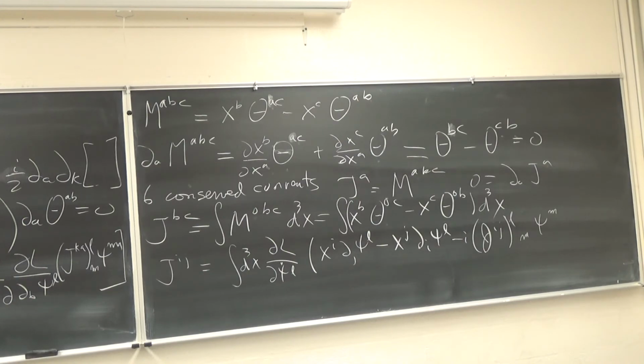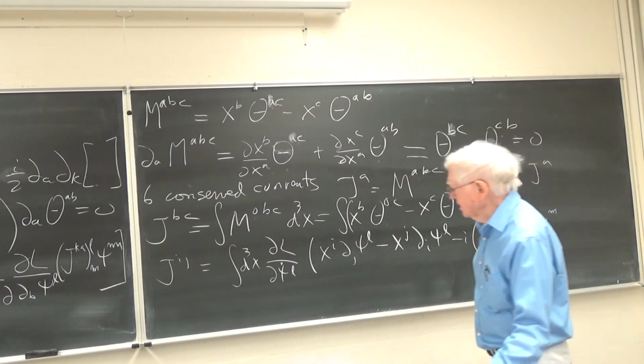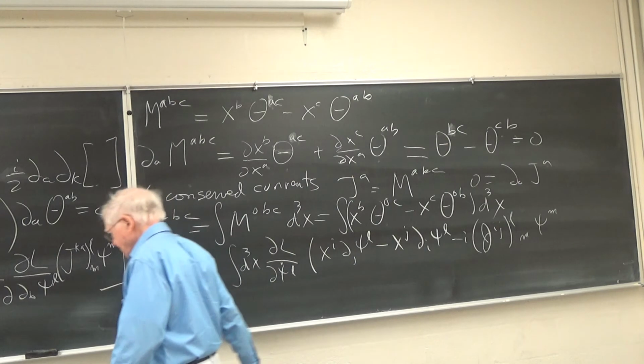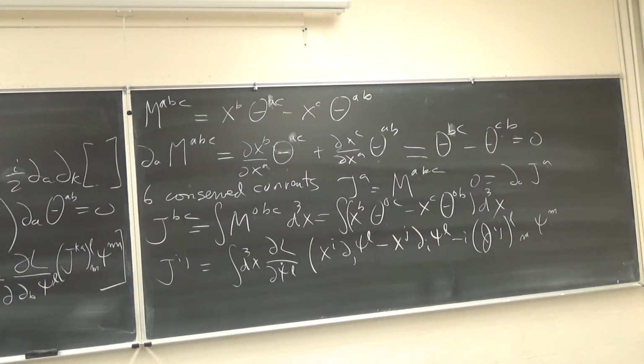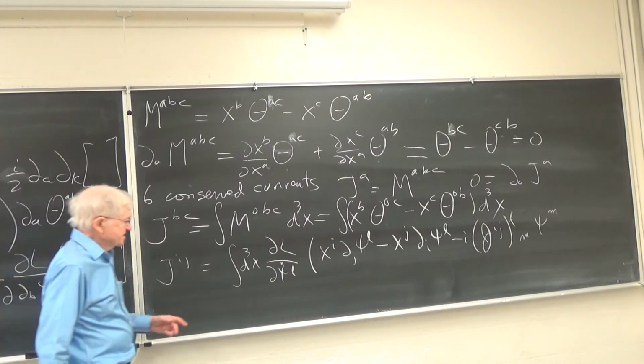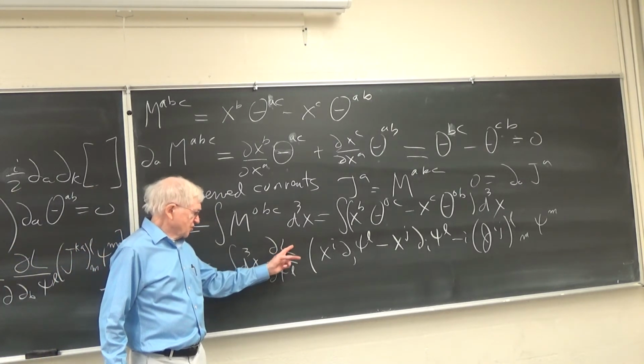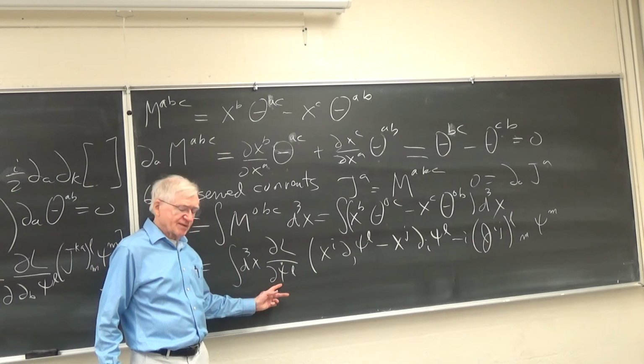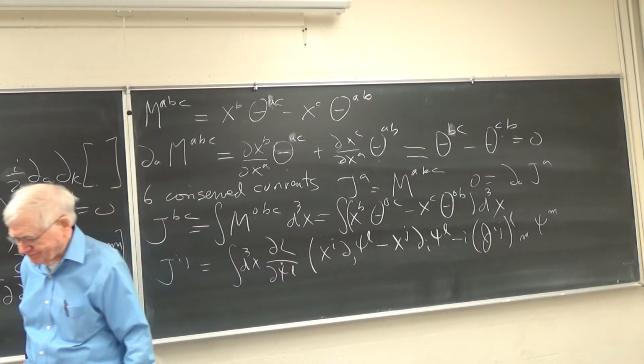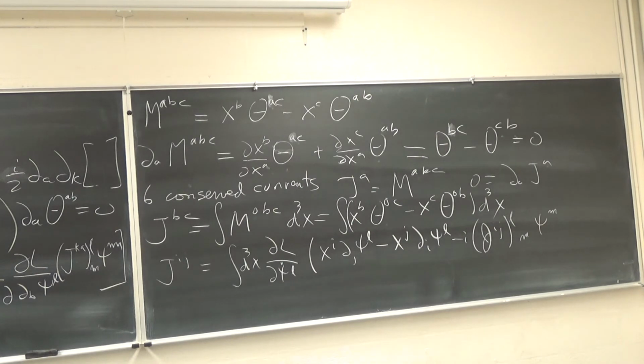And in particular, in the simplest theories, this thing is just a pi, and the derivative of the Lagrangian with respect to the time derivative of a field is just the time derivative of that field, or something simple.